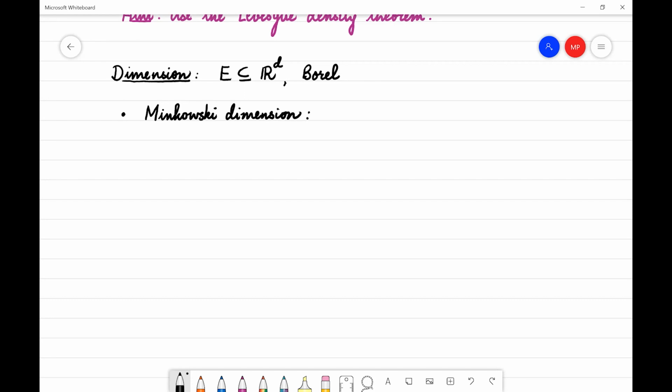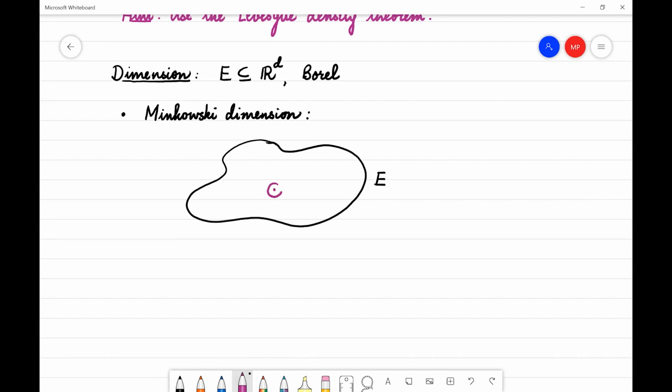And it says that suppose that you have a set E. This is a set E, and you cover E in a fairly optimal way by epsilon balls.